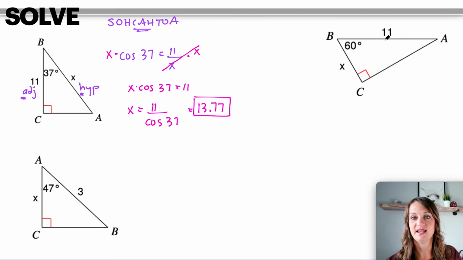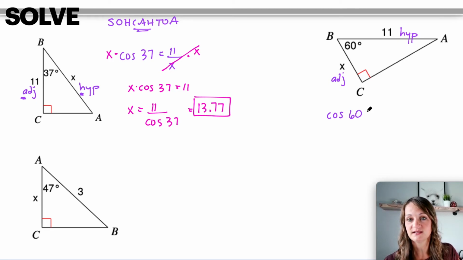So in this case, here's our angle. This is automatically our hypotenuse because it's opposite the right angle. And this again is our adjacent side because it is the side that is touching the angle. So again, we're using A and H, which happens to be cosine. So cosine of 60 degrees equals the adjacent divided by the hypotenuse, which is 11.